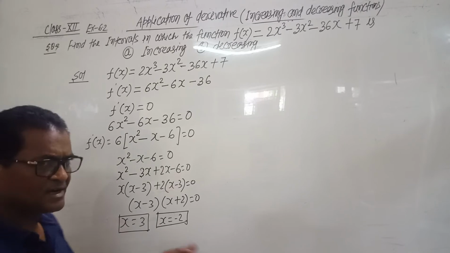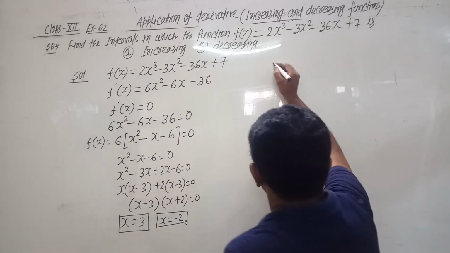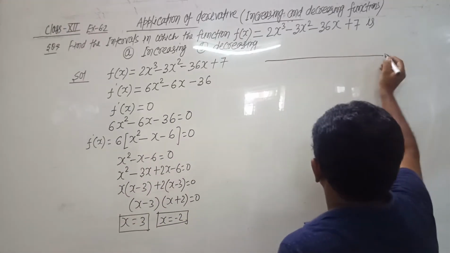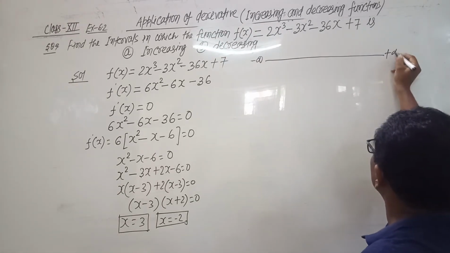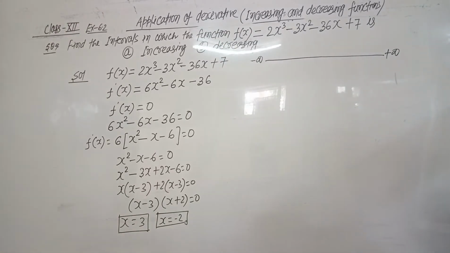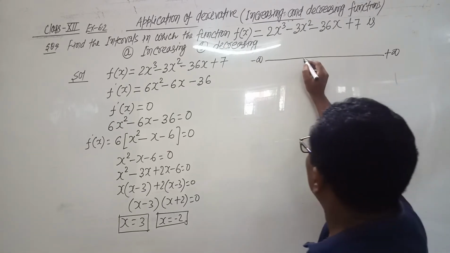Now we have to represent these values on the number line. The number line for real functions goes from minus infinity to plus infinity, and there are two values, -2 and 3.